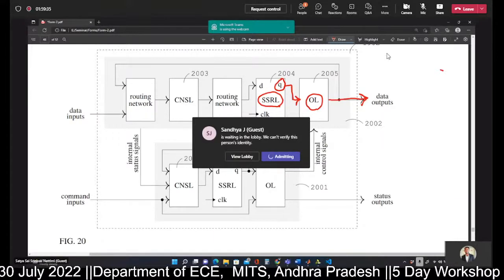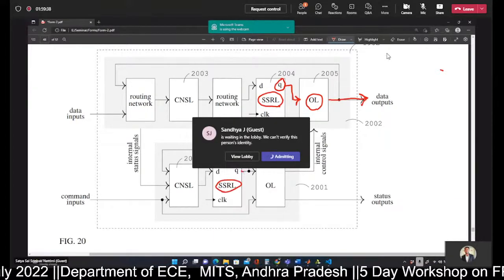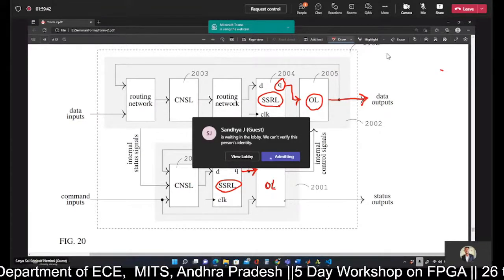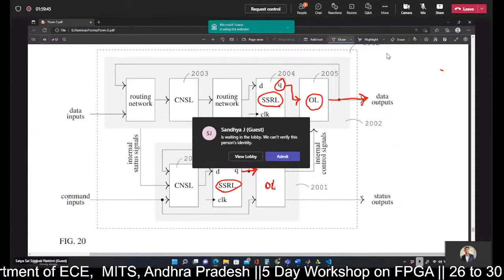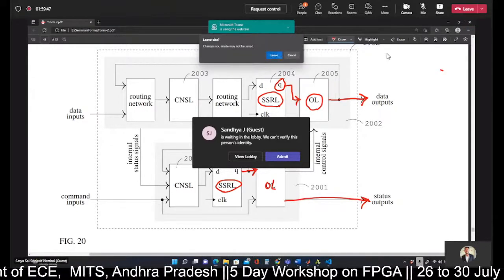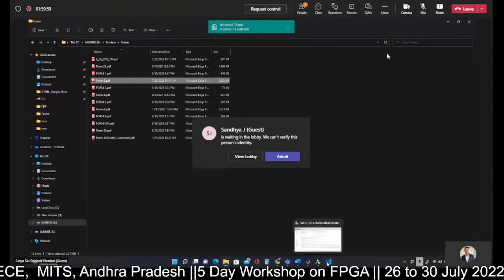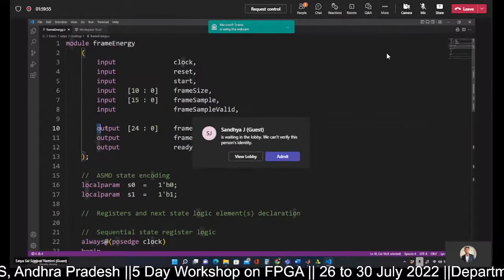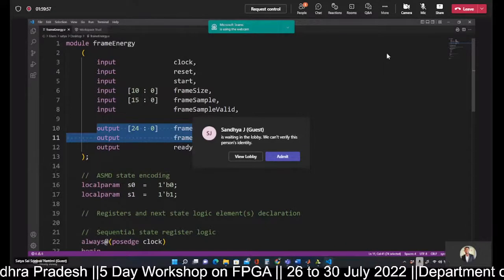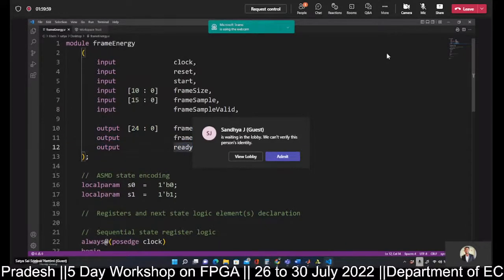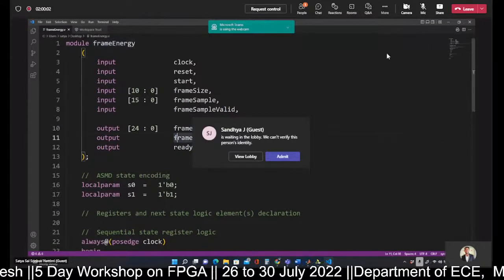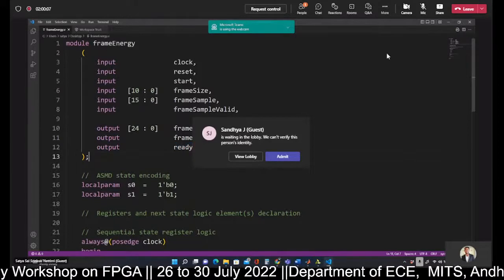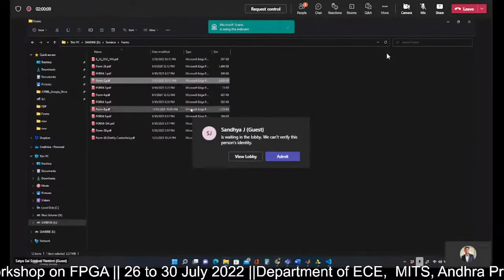So again, here also the sequential state register logic, the value stored in the register is driven to the output logic, and this value is going to the output of the module. So if you take our module, we have three outputs: frame energy, valid, and ready. Now we need to drive all these outputs via a register as per this convention.